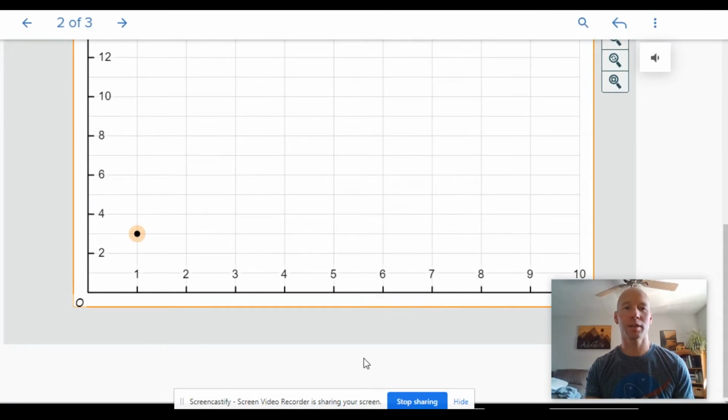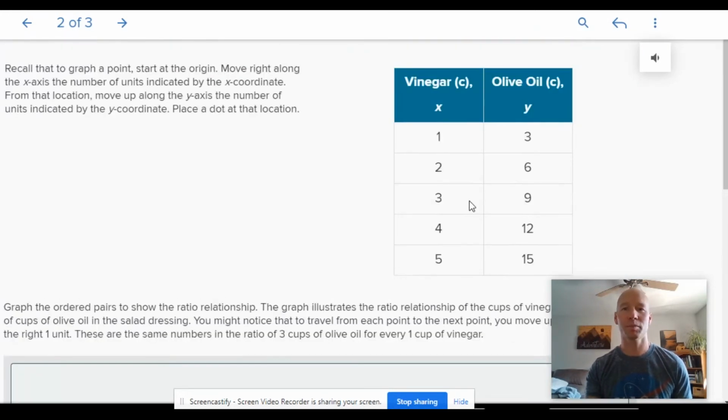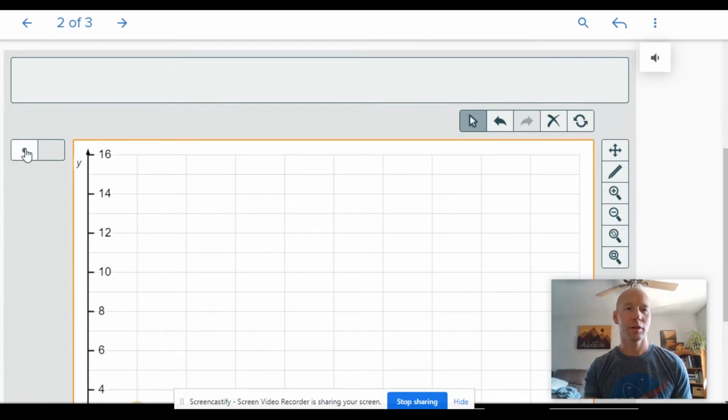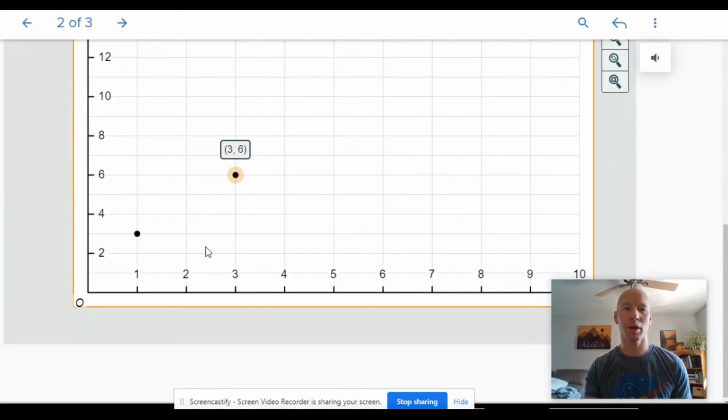I'm going to put it right there. 1 cup of vinegar, 3 cups of olive oil. The next pair is 2 cups of vinegar and 6 cups of olive oil. So 2 cups of vinegar on the x-axis and 6 cups of olive oil on the y-axis. So 2 on the x and 6 on the y.